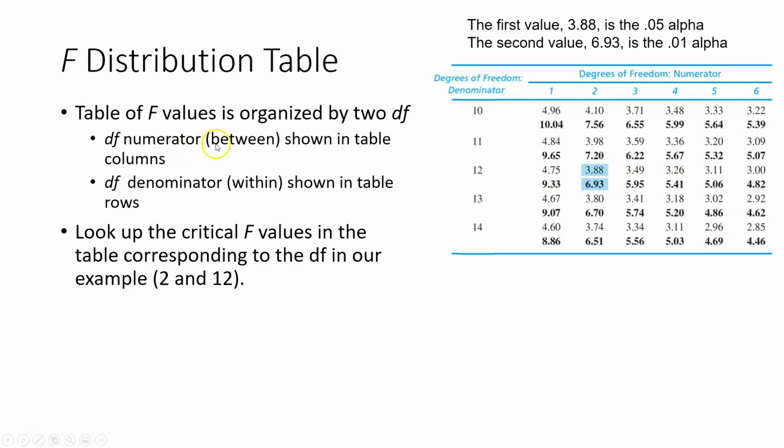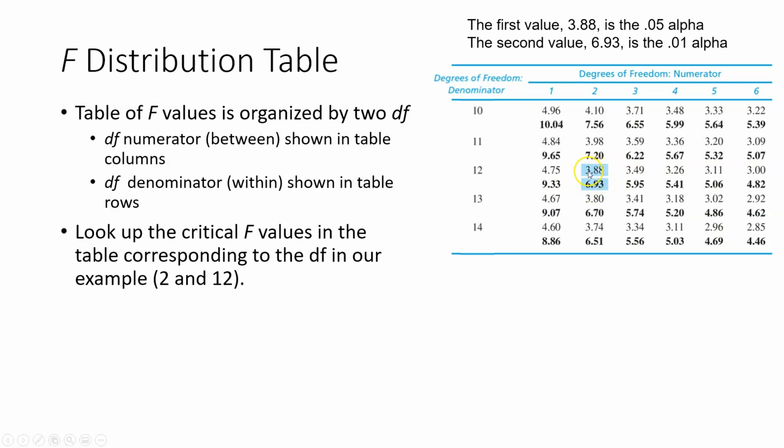But remember, we're labeling that between and within. In order to find the correct critical F statistic for this example, we use between and within degrees of freedom that we computed before, 2 and 12. We come to our table and we figure out 2 and 12, where they intersect are these two values here.